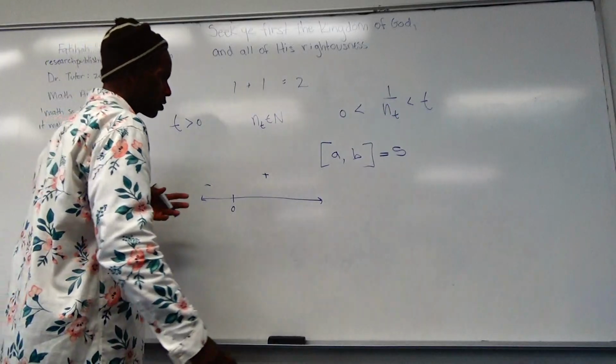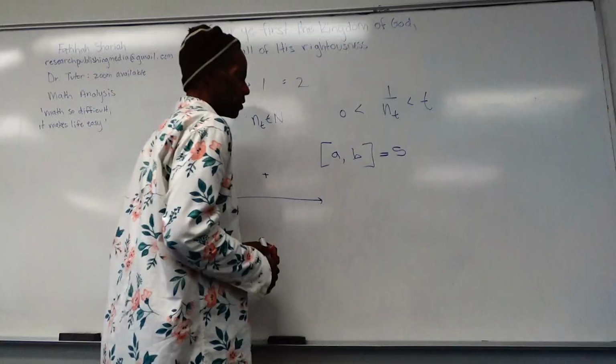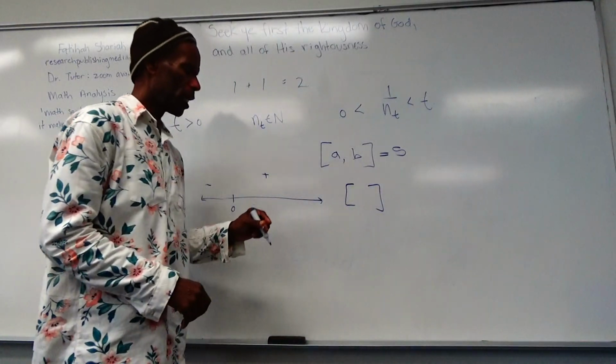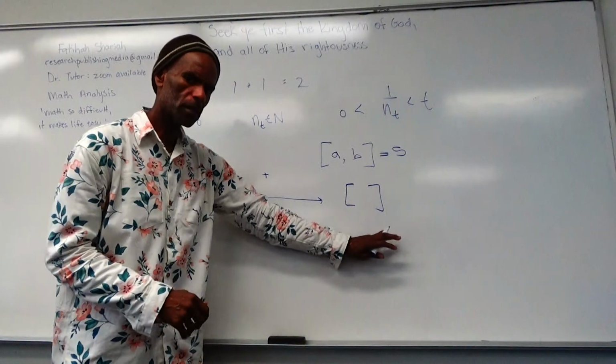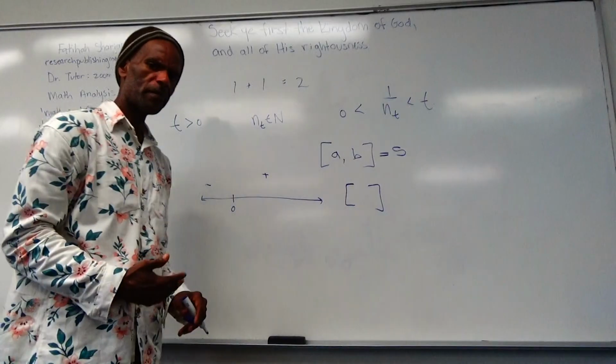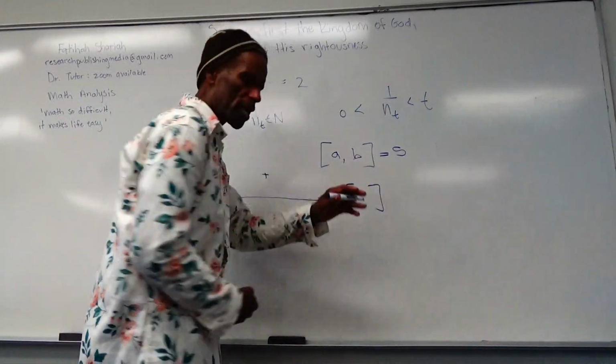Okay, so again, what does a closed set mean? When you have these square brackets, and you say, well, it's a closed set, and you put variables in the closed set, what does that mean? That means that AB creates an interval.